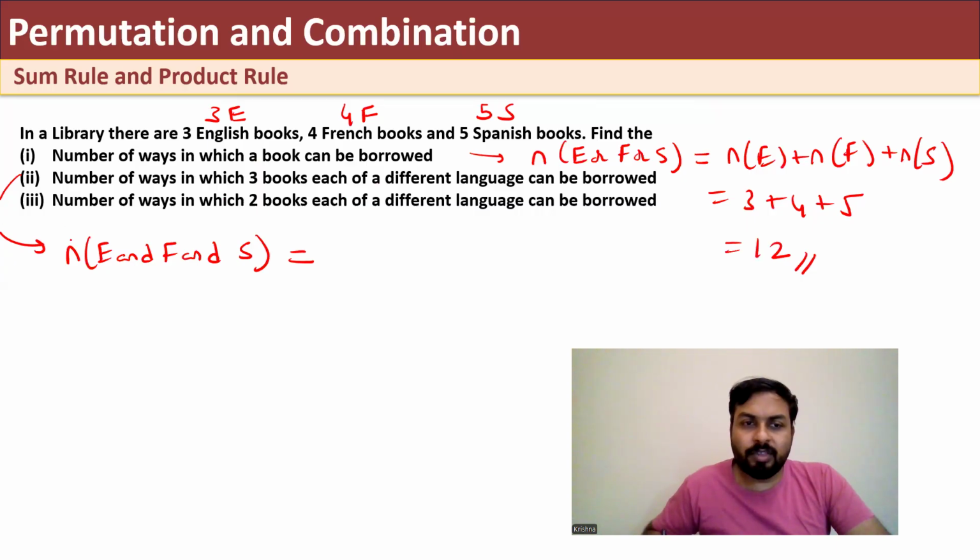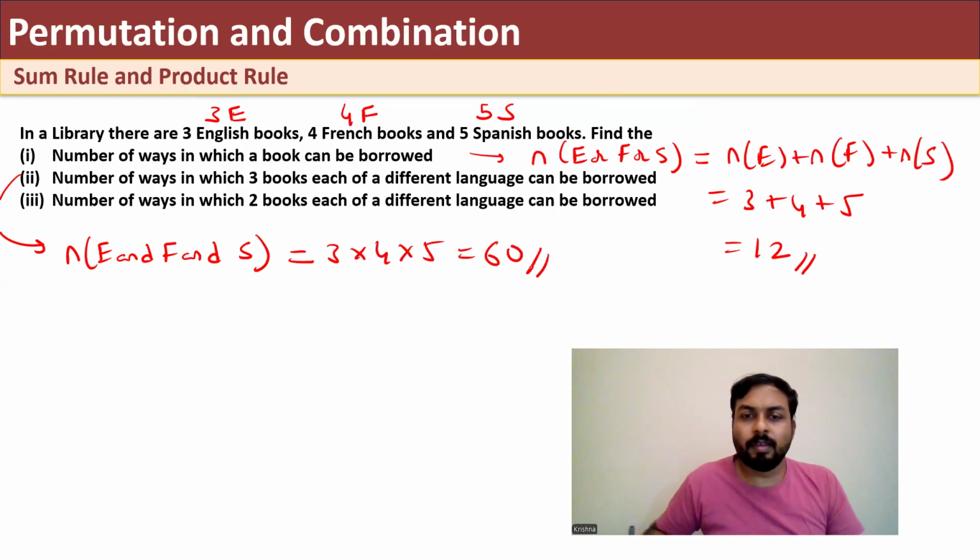That means I have to borrow an English book and a French book and a Spanish book. So how many choices do I have? 3 into 4 into 5? 60. This is similar to that getting dressed for a party example. Yes or no?